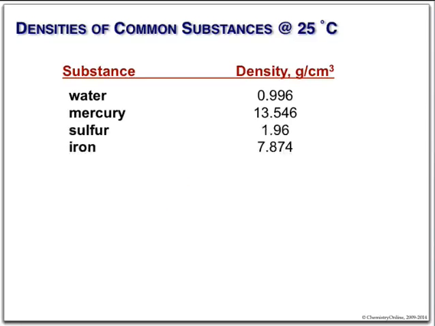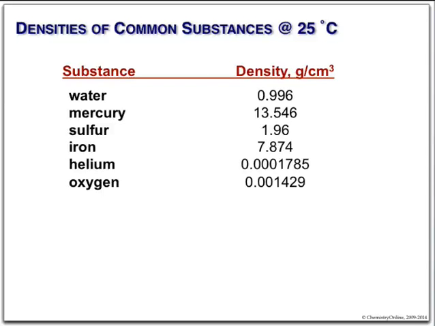Sulfur, 1.96, about twice that of water. Iron is certainly more than water, but you'll note that it's less than mercury. Gases are obviously much less than, say, water. Because of this, the density of gases is quite often given in grams per liter.